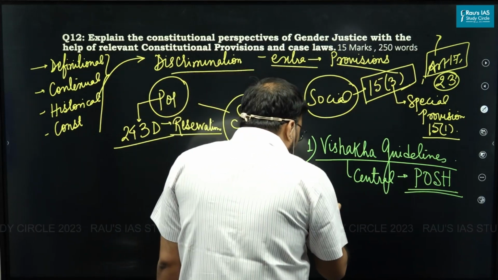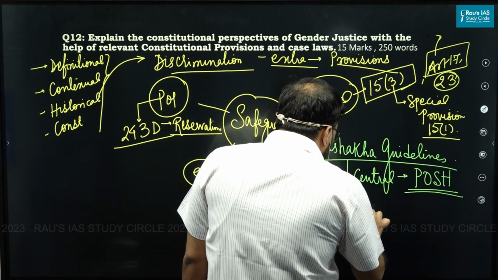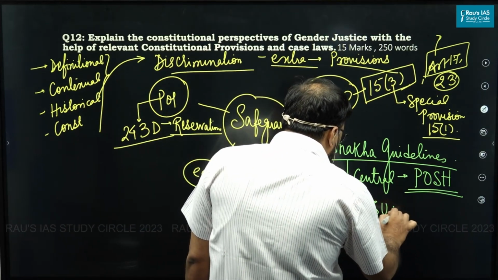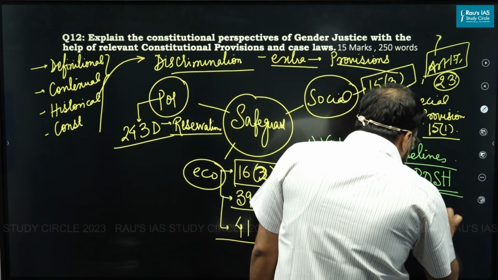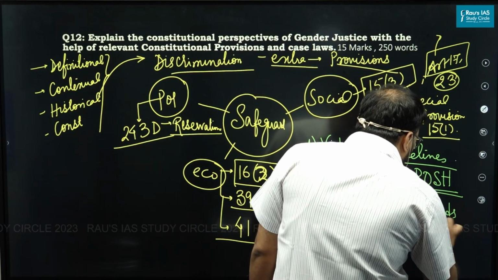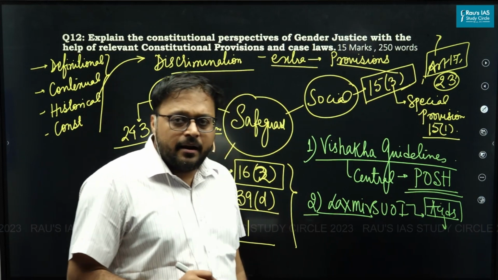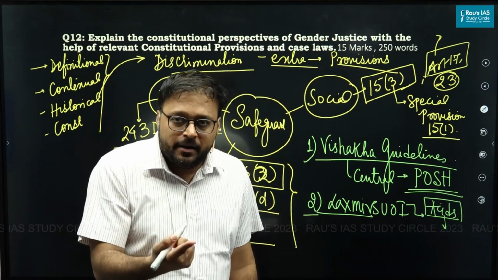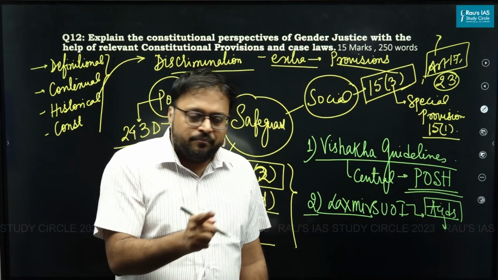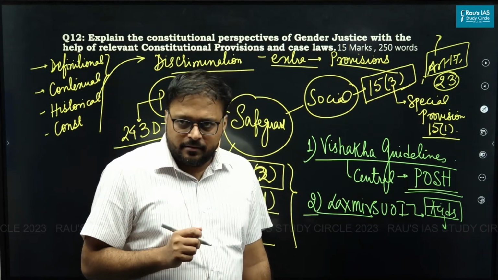Then we can talk about the Laxmi case, Laxmi versus Union of India. In this case, we have observed that acid has become one of the mediums for attacking women. And the sale of acids is to be regulated by the state. This has been the understanding of the Supreme Court in this case.